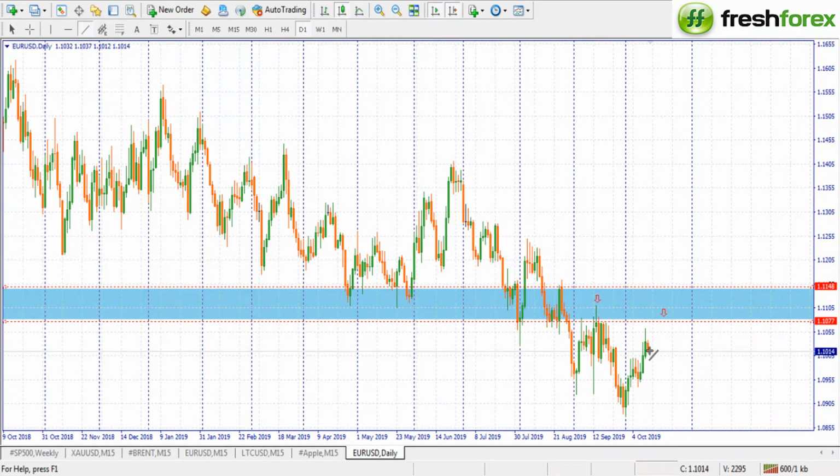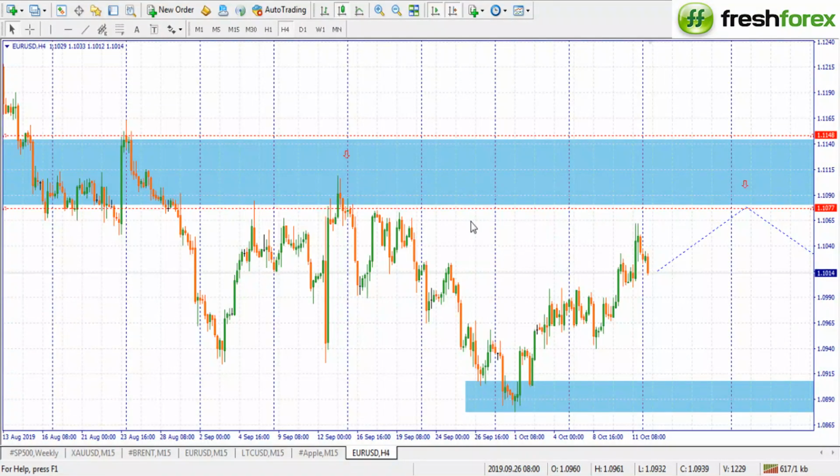So something like this, a move up and then a bounce from that point, so that we can pick a sell up to this point, which is here. So I hope this makes some sense, that although the price is moving to the upper side, we are actually waiting for a sell from around 1.1077, which is here.